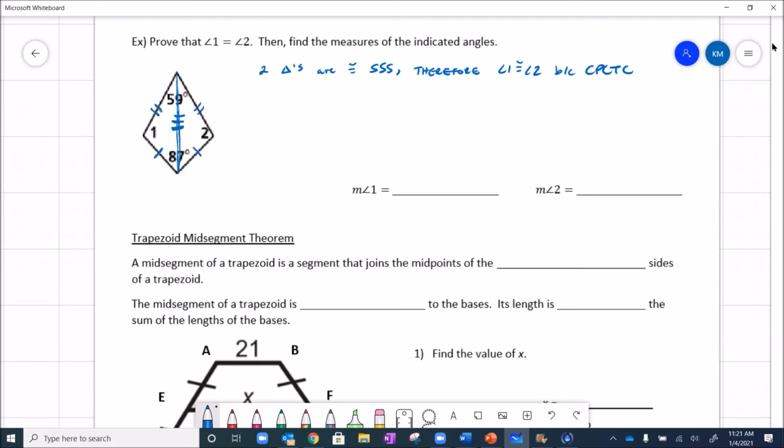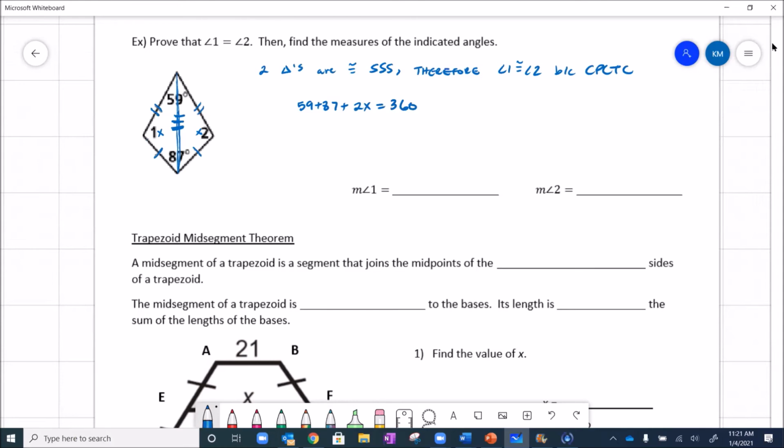Now, knowing that they're the same, I can solve for their value. Let me just call this x. In a quadrilateral, we know that all the angles should add up to 360 degrees. So I have 59 plus 87 plus x, or 2x, equals 360.